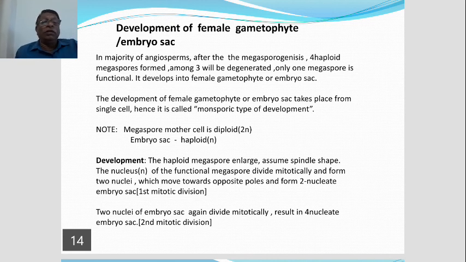Now, we shall study the development, important for 5 marks. The haploid megaspore during the development enlarges itself and assumes spindle shape.